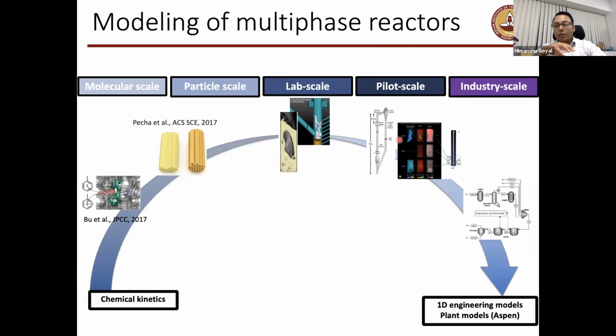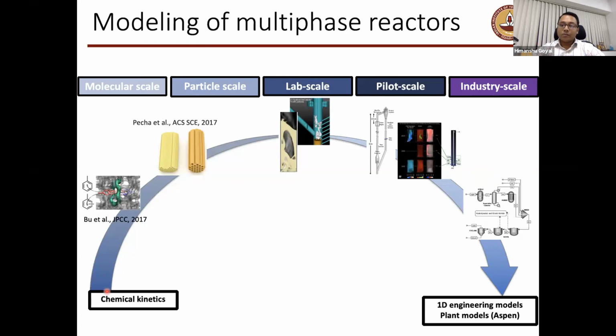So when we try to model these reactors, if I arrange all these scales on the x-axis, this is what I'm going to get. On the very left hand side, we have the smaller scales which are associated with chemical kinetics. So again, we are in a continuum regime. We are not dealing with atomic scale and molecular scale physics, which after my talk, Professor Jitin is going to talk about, density functional theory and the physics happening at atomic scale.